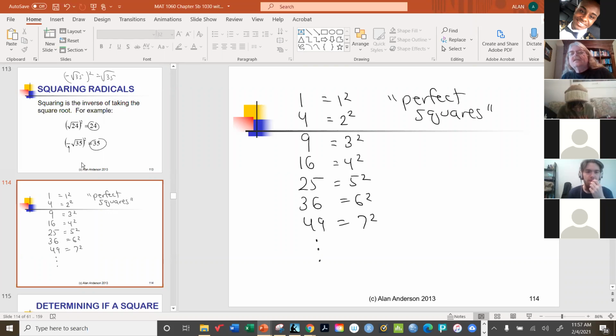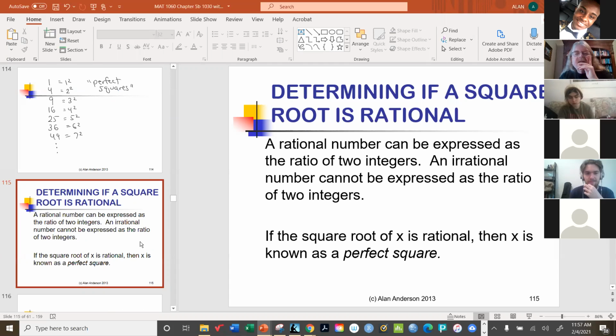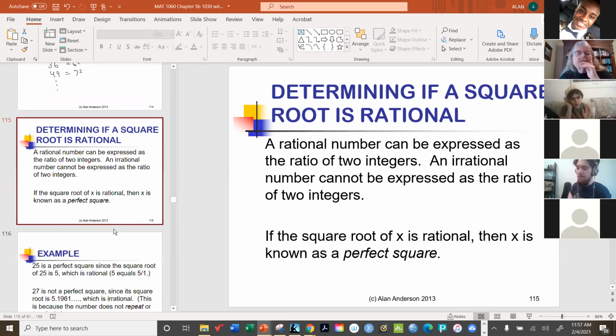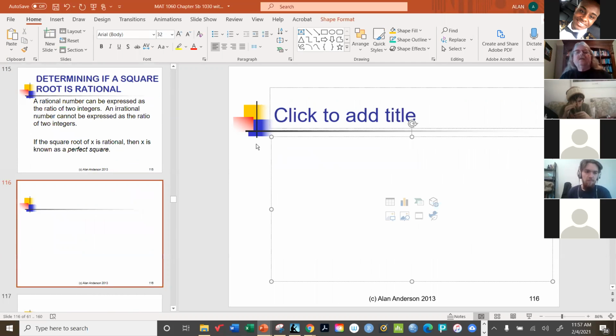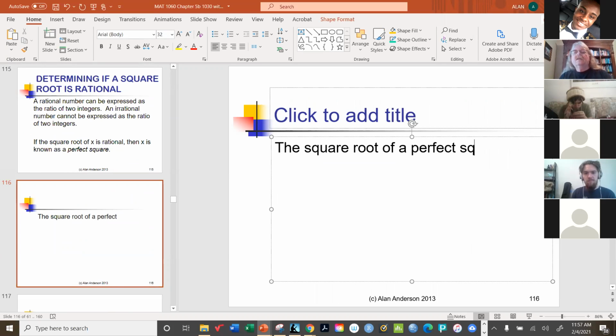So why is this relevant right now? Because it turns out that we can use this to figure out when square roots are rational. How does that come up? Let me write that right here. The square root of a perfect square is rational, and that's, I'll note in parentheses, because it is an integer.